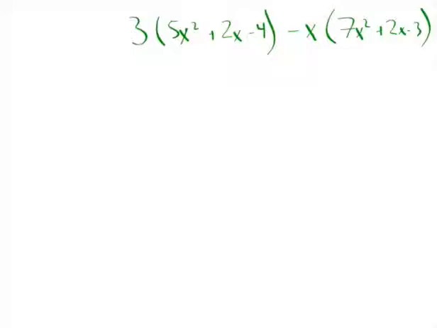Okay, so basically what you guys are doing is you're just distributing. So we're going to distribute what's outside the parentheses to everything that's on the inside, and then we're going to combine like terms. Be careful of your signs.